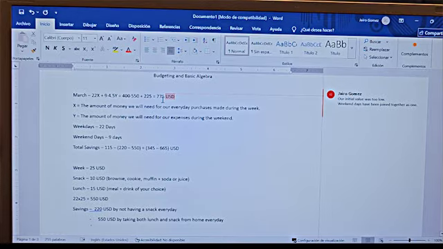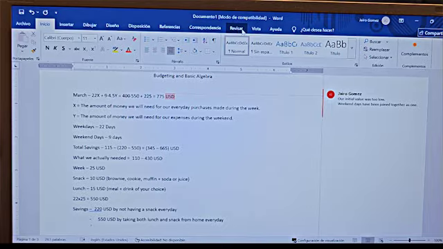So initially we thought we would need $775, but we noticed that we needed a whole lot less than that. So in total, what we actually needed was between $110 and $430 for the month of March.